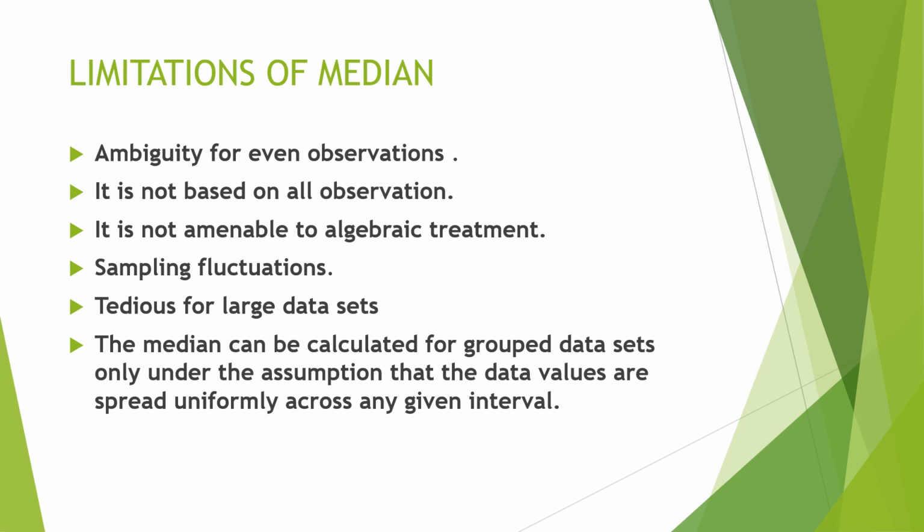We can replace observations 10 and 25 with any two values which are smaller than 50, and observations 60 and 65 with any two values greater than 50, without affecting the value of the median. So this property is sometimes described by saying that the median is insensitive. That's why it is not based on all observations.